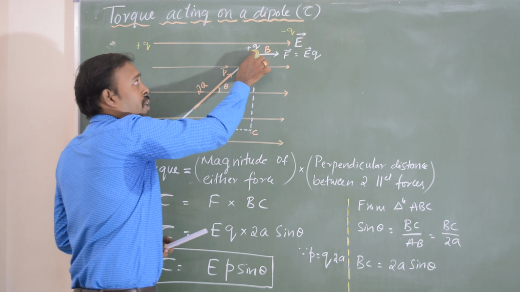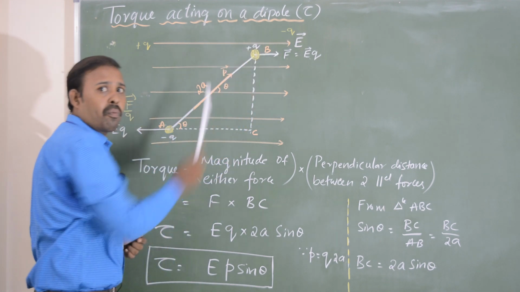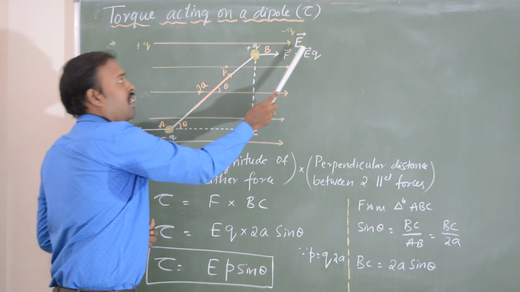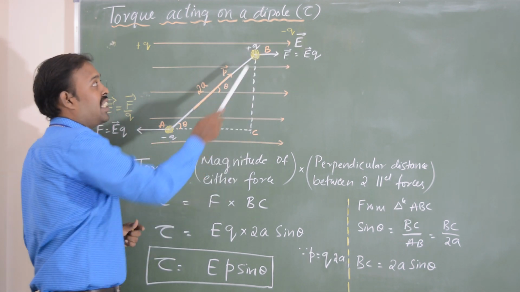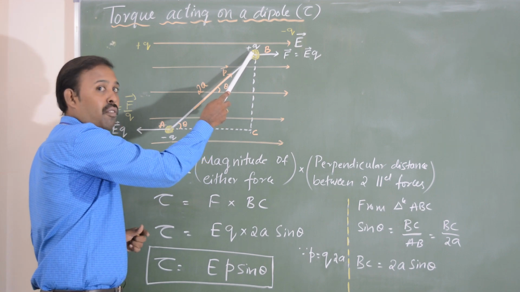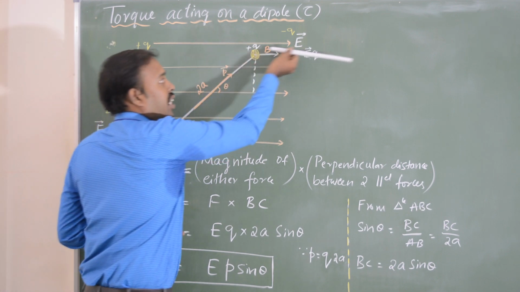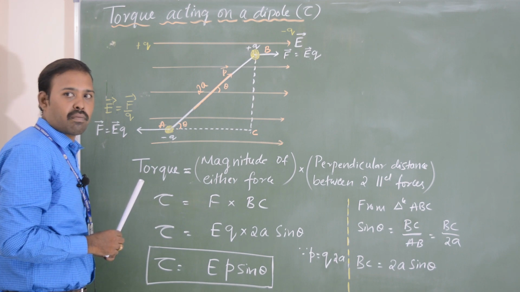So this charge will be attracted towards the minus Q, and the plus Q will repel this plus Q. Therefore plus Q experiences a force along the direction of the electric field.